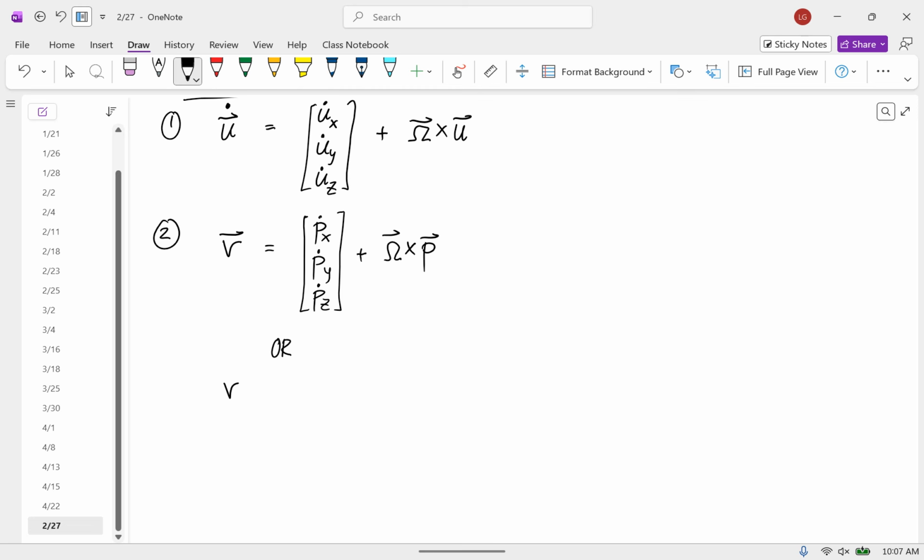So you can also write this as V is equal to the velocity vector as observed in the rotating coordinate system. This is exactly the same thing. These are sort of like synonyms for the same thing here. The derivatives of the components is the same thing as the observed velocity, plus omega cross P.